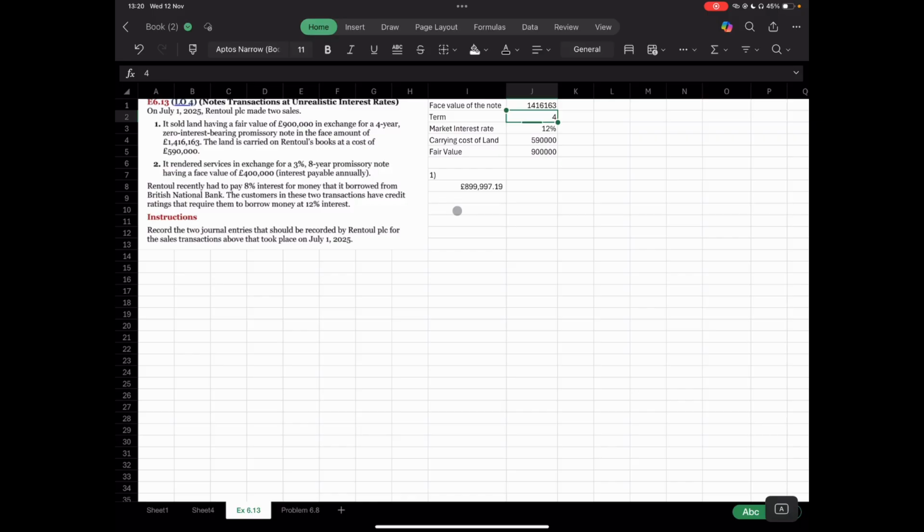Now we're going to prepare journal entries for July 1st, 2025. The present value is almost exactly like the fair value of the land, so the sales price is 899,997.19.